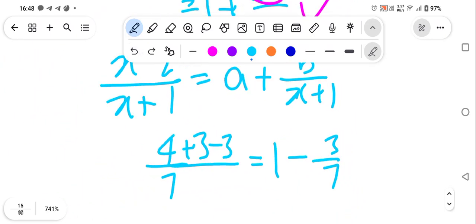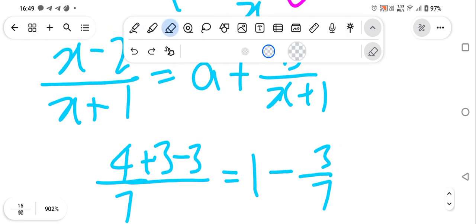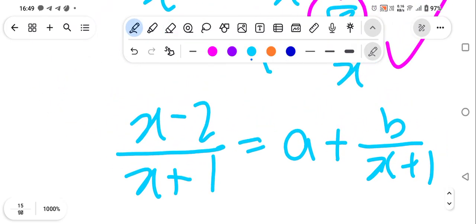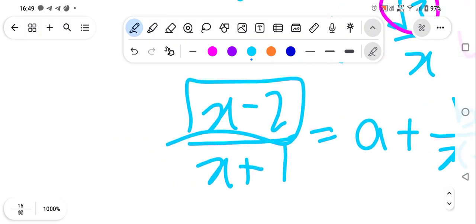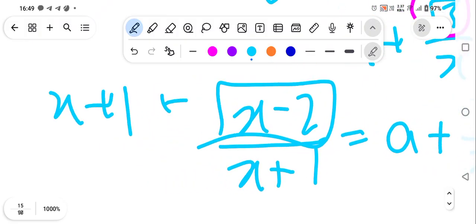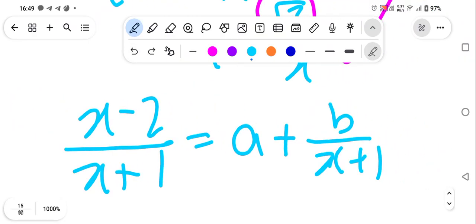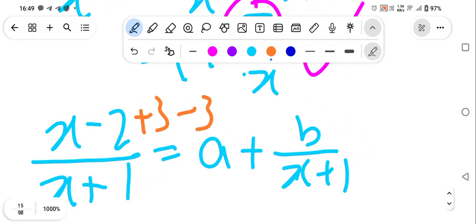So let's imagine that this x is some number, and what we can manipulate to this so that it becomes x plus 1. Well, it's easy. We plus 3 and minus 3. So the same thing, plus 3 minus 3.